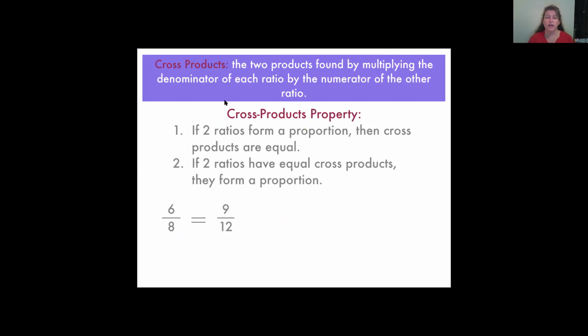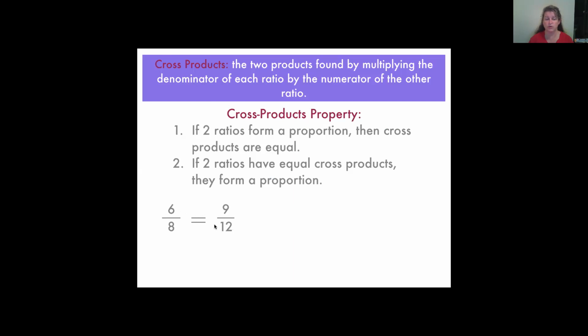All right, there's another way, and it's the cross products property. This just states that if two ratios form a proportion, meaning they're equal to each other, then the cross products are equal. Cross products are two products found by multiplying the denominator of each ratio by the numerator of the other ratio.